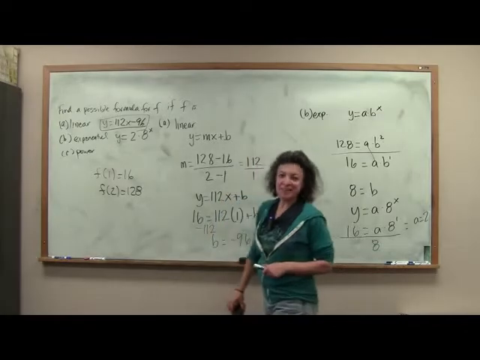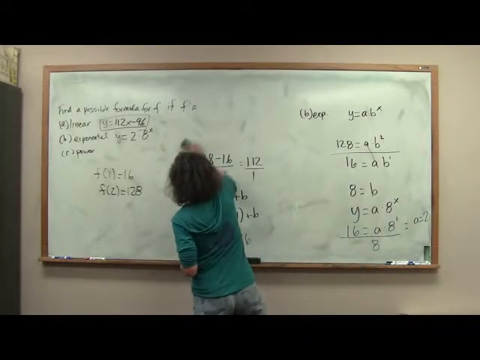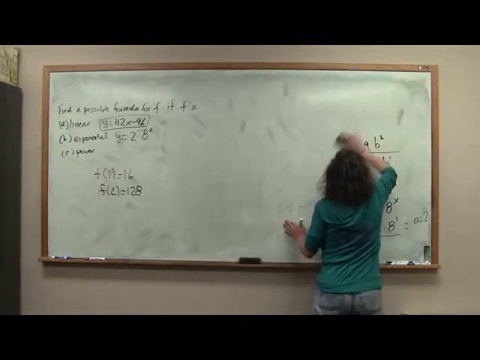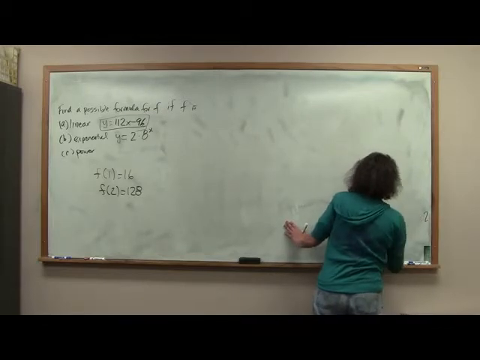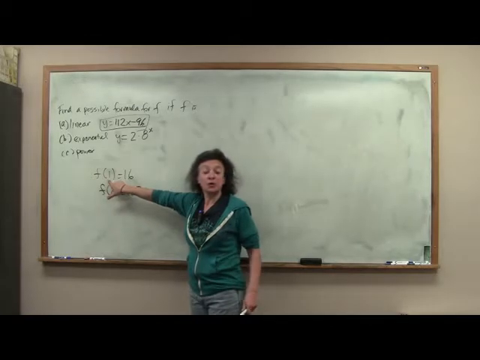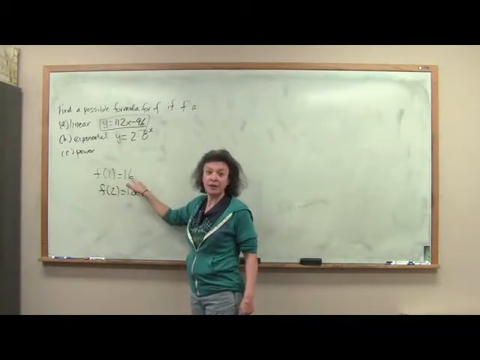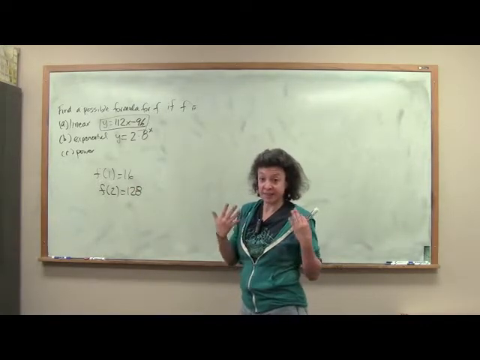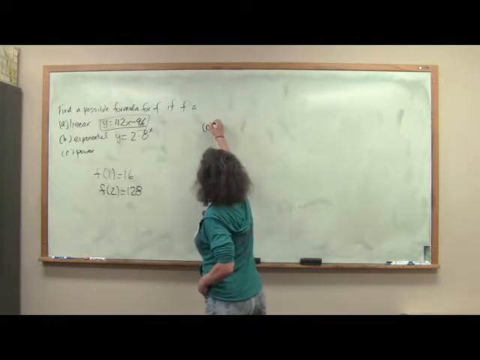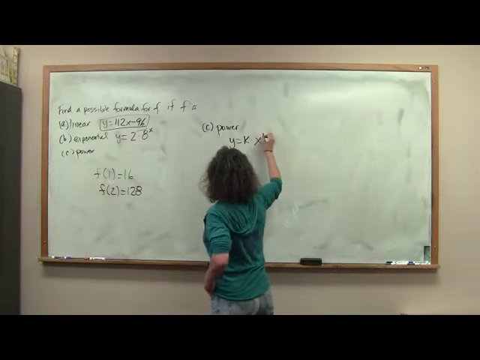Last but not least, let us do this if we have a power function. Again, if we have a power function and we see that one of our ordered pairs has x equal to 1, we know that our y value actually gives us the value of k. If you didn't recognize that, again, with a power function, you have k times x to the p.